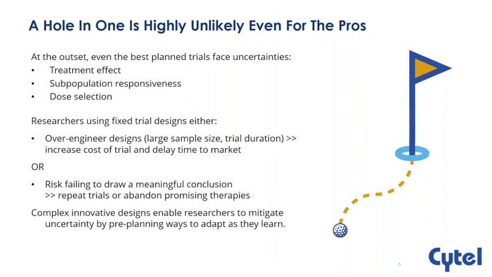We are too conservative with our assumptions, and that increases the cost of trials. I will later explain how that impacts portfolios. Or on the other hand, not being afraid of overspending, having too small a sample size, not investigating enough, and treatments failing when they shouldn't. There are so many situations where potentially good treatments have failed because of suboptimal strategies. So complex innovative designs enable researchers to mitigate uncertainty by pre-planning ways to adapt.